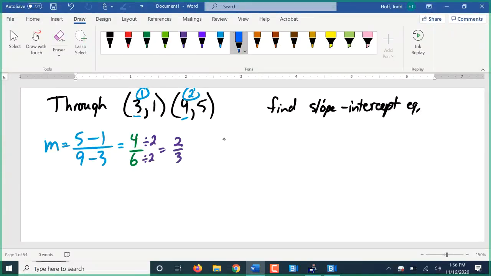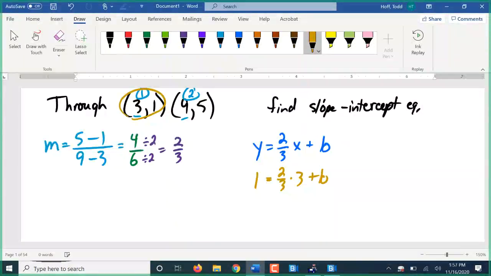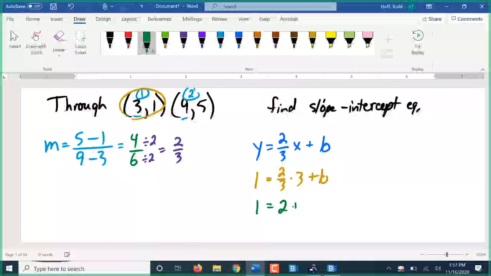So our equation, y equals slope times x, that'll be 2/3 times x plus b. Now we have 2 points to choose from. Does not matter. Remember, we saw on Thursday, whichever one we picked is going to give us the same equation. So I'm going to use 3,1. So I put in 1 for y, and 3 for x. I combine: 2/3 times 3 is 2.